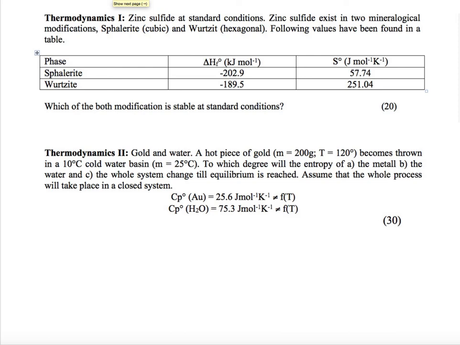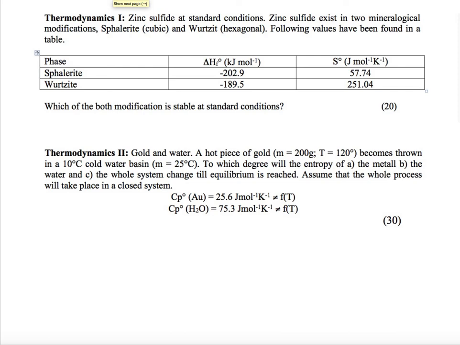To which degree will the entropy of A, the metal, B, the water, and C, the whole system, change till equilibrium is reached? Assume that the whole process will take place in a closed system.